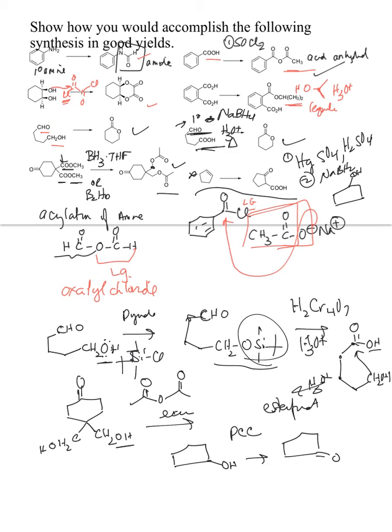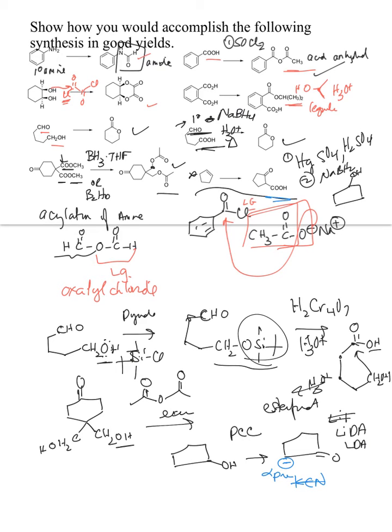And what you don't know yet is that you can react this with lithium, or not lithium, actually LDA. It's a strong base, and it will deprotonate the alpha proton. And then you can react that with potassium nitrile.